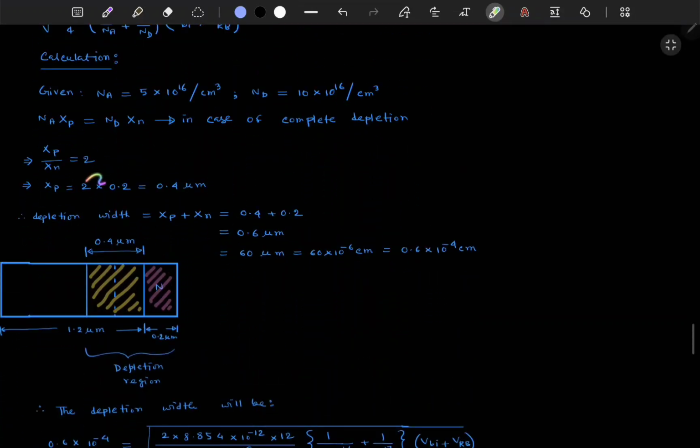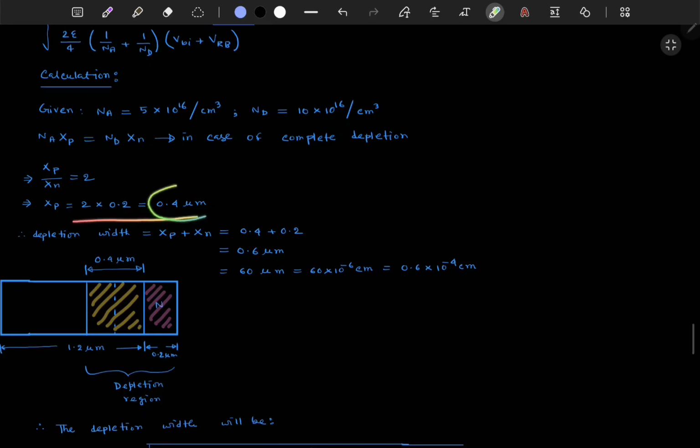If we put the values, we will get 2. Now the depletion width sum, if we do, then we will get this one. Because xp is 0.4, and xn is 0.2 only, because this whole n part will be depleted.